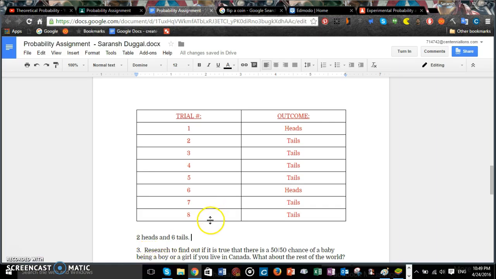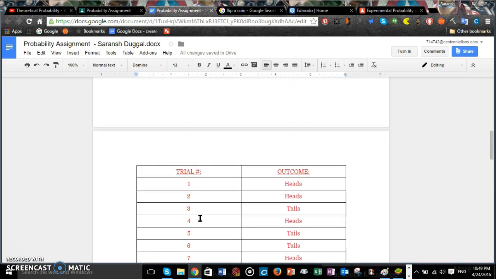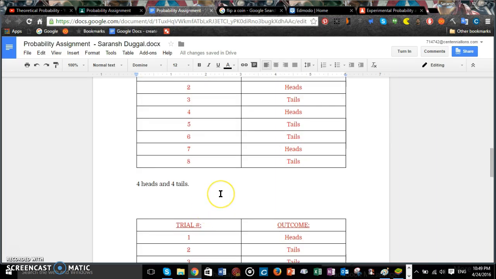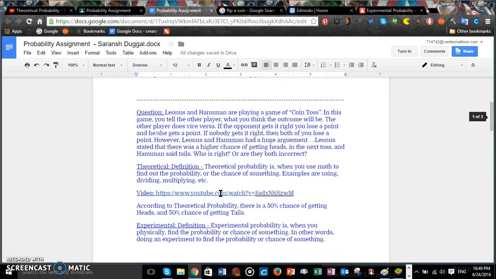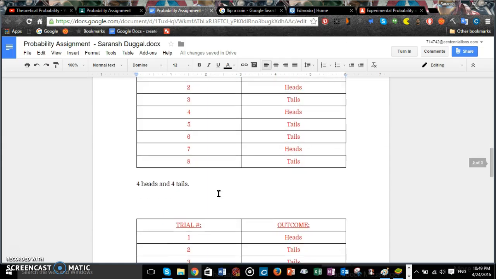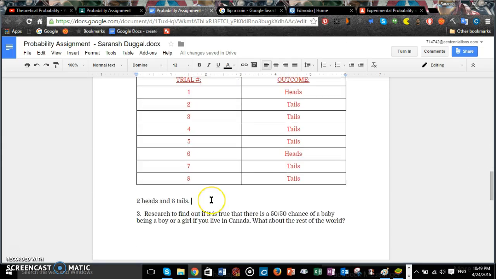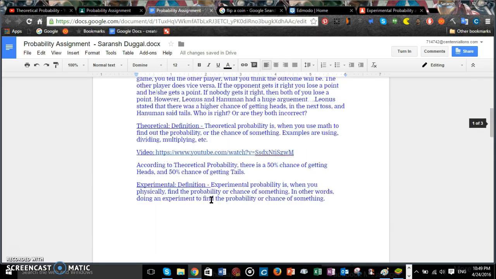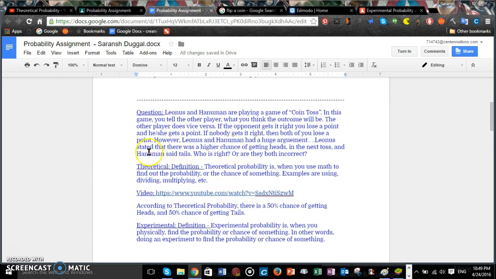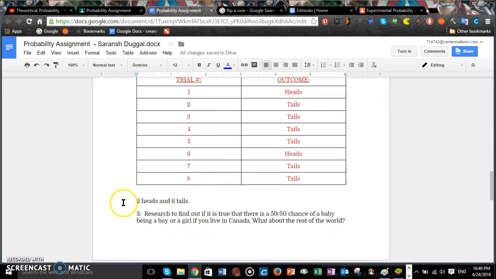However, in our first trial, both of them were incorrect because both of them had an equal chance of getting heads and tails. However, in the second one, Hanuman was correct because he said that tails would have a greater chance. Therefore, he was correct.